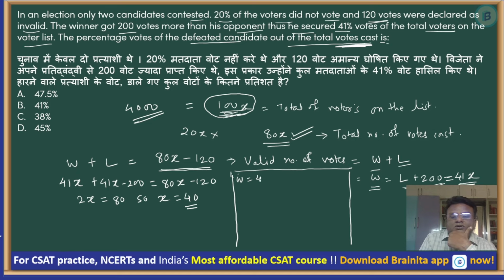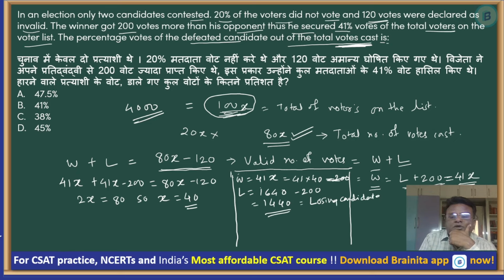So that is equal to 41 into 40 minus 200 is equal to loser. 41 into 40 is 1640, minus 200, that is 1440. These are the votes for the losing candidate.